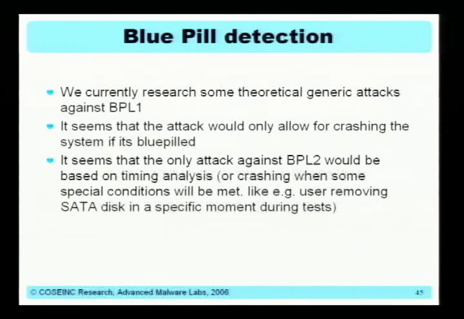So we run the detector, and we say to the user, watch the system. If you see a blue screen, then it means that you had a BluePill, right? This sounds very impractical to me, but it is a theoretical way to detect it. We haven't implemented it yet, but we'll probably do this. It's a brute force attack, but still.